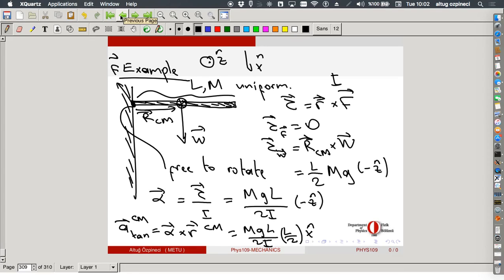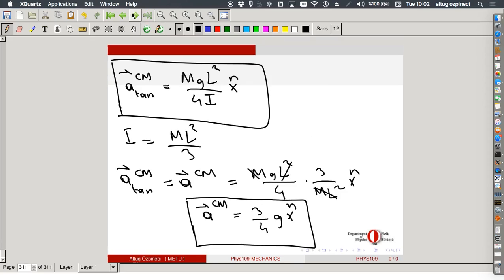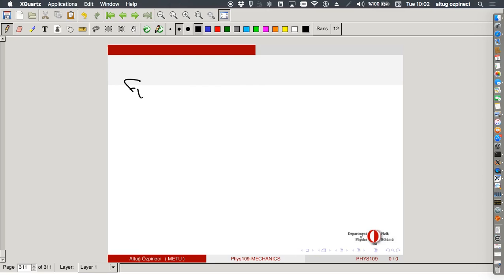What is the total force acting on my object? The total force acting on my object is nothing but this unknown force F plus the weight of the object, which is F plus mg in the x direction.